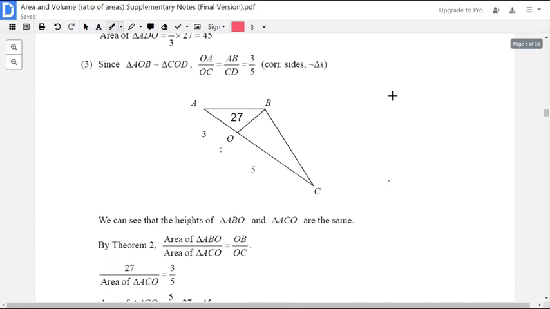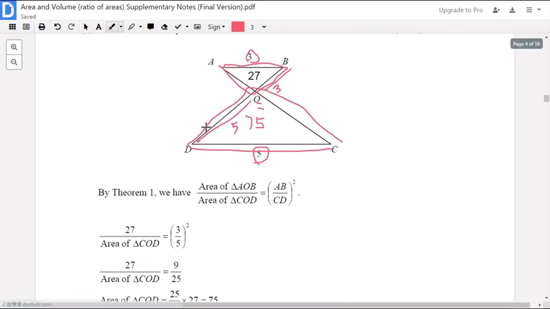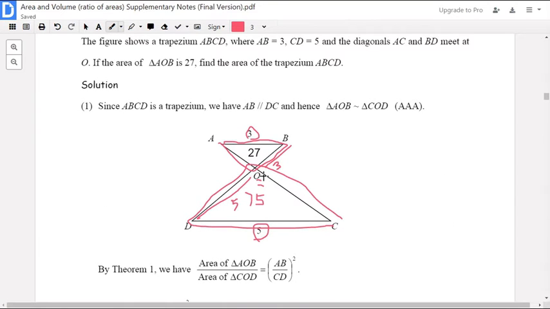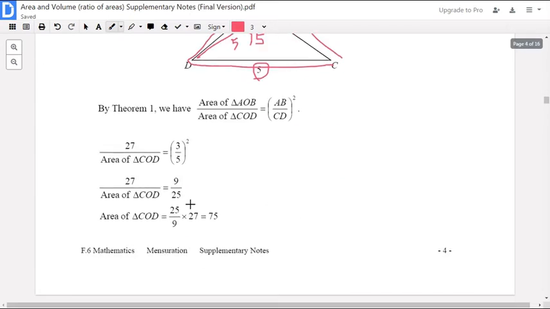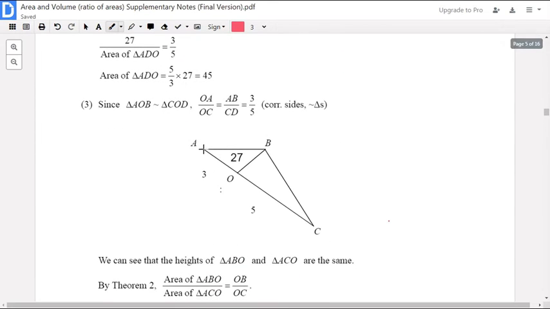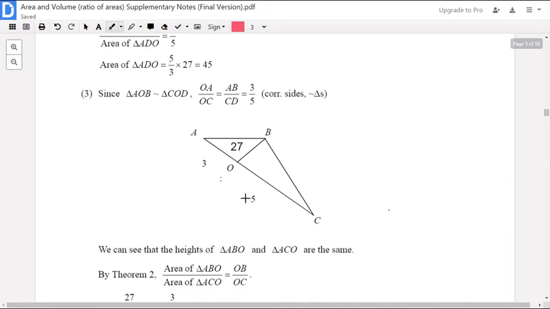And this time, we concentrate on triangles AOB and COB. Again, by considering this pair of similar triangles, OAB and OCD, you will get the ratio of sizes AO to OC, 3 to 5 again.